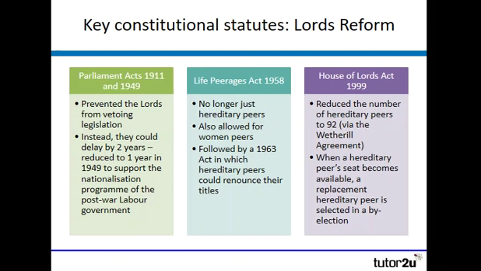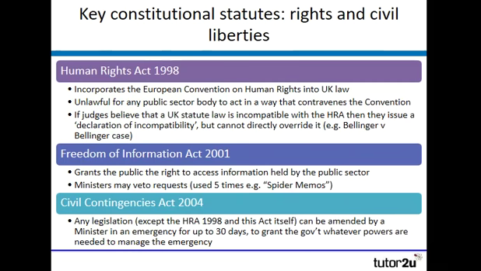They reduced the number of hereditary peers to 92 via the Weatherill Agreement. And it also set out a replacement process for hereditary peers. So when their seat becomes available, perhaps through death, a replacement hereditary peer will be selected in a by-election, but the number of hereditary peers would remain at 92 rather than being run down.